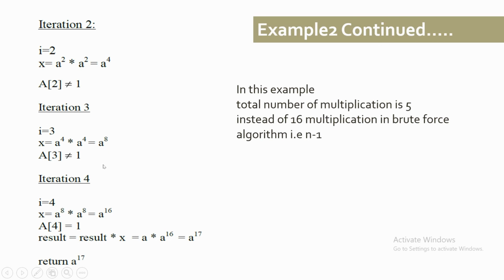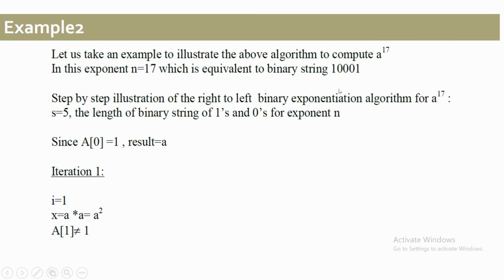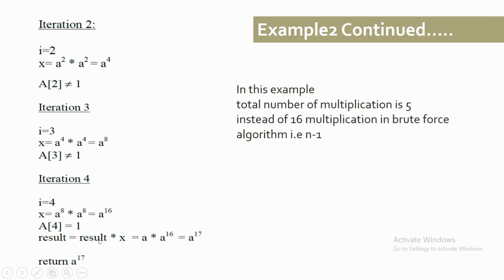Again the condition is false, but when we come to the fourth iteration, x into x will be there, and at the a4 position we are having 1, so it will do result into x. So the result is my a, so a into a16, because x is now a16, so it will give me a17.